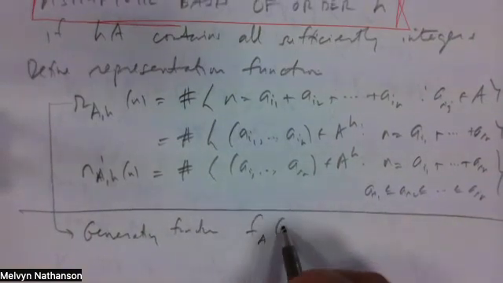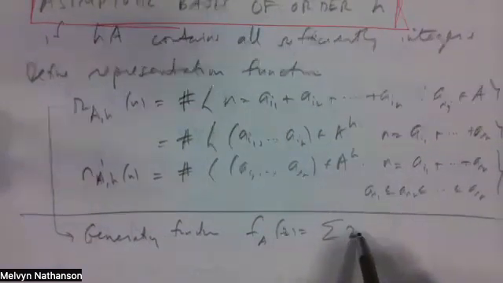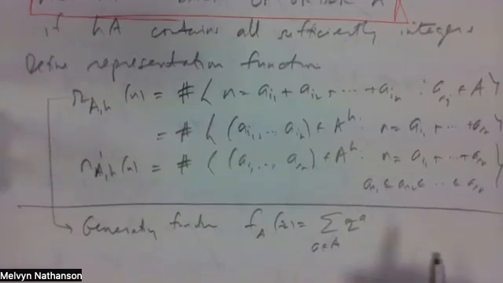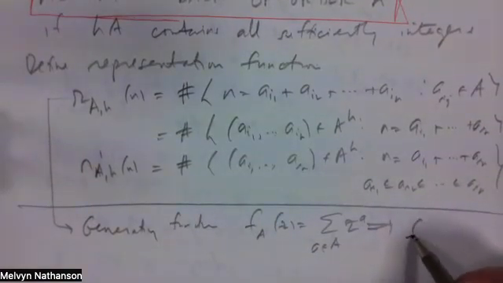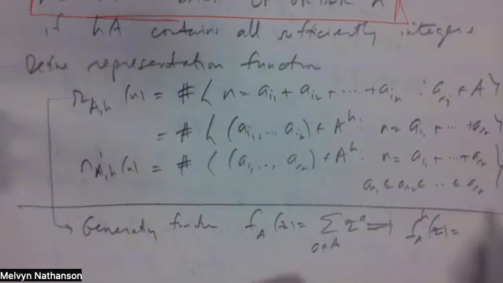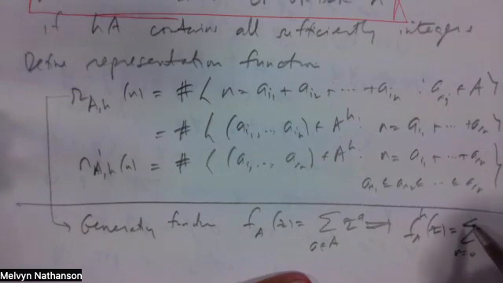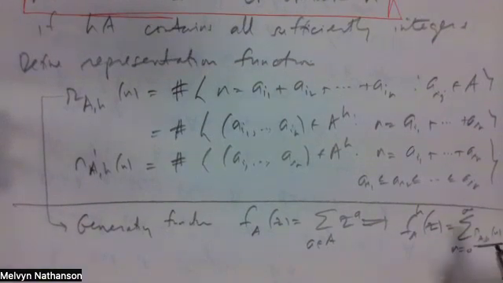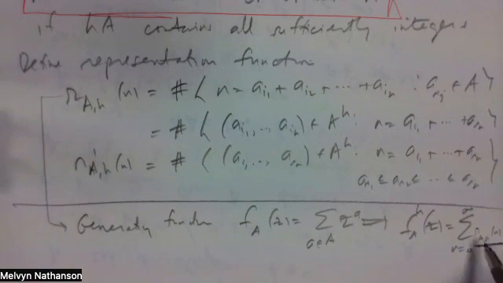If you let f sub A of z be the summation of z to the a, where a just runs through the non-negative integers in the set A, then if you take f sub A to the H power, you get a power series, the sum from 0 to infinity of c_n z to the n, where the coefficient of z to the n is this representation function, r sub A,H of n. So this is the representation function where the order of the summands matters.